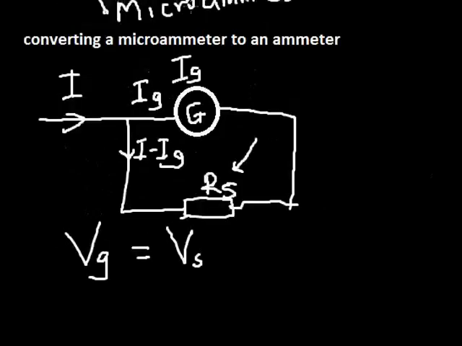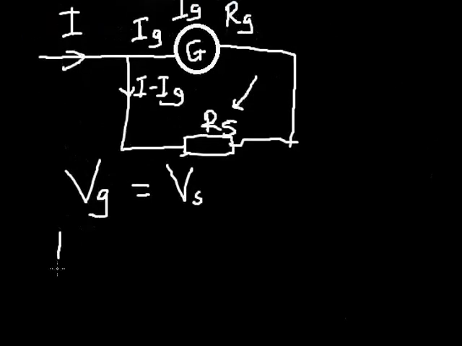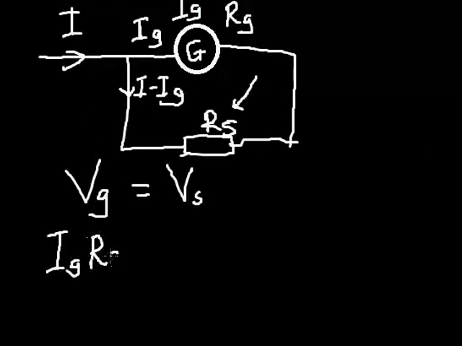Let's say this galvanometer has internal resistance of Rg. So the voltage of the galvanometer is Ig Rg, and it is equal to the voltage of the shunt. The current of the shunt is I minus Ig.